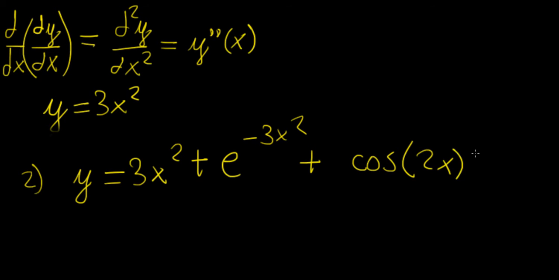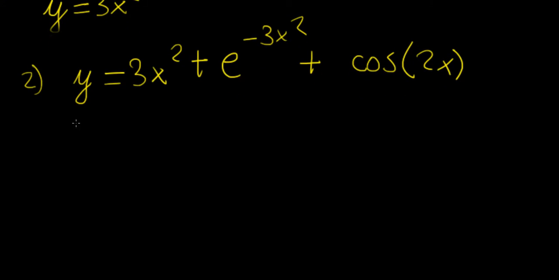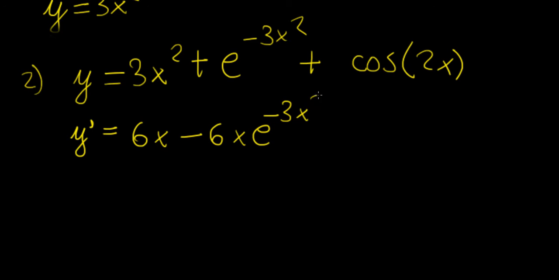Let's try and find the first 3 derivatives of this function. The first derivative, y prime, is going to be equal to 6x minus the derivative of this, which is 6x e to the power of minus 3x squared, and the derivative of this is going to be minus 2 sine 2x.